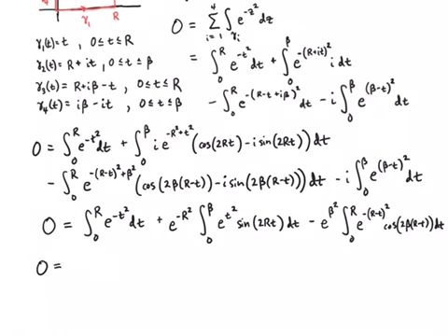So what we find, dropping the i's, is integral from 0 to beta, e to the minus r squared, integral from 0 to beta, e to the t squared, cosine of 2rt dt.